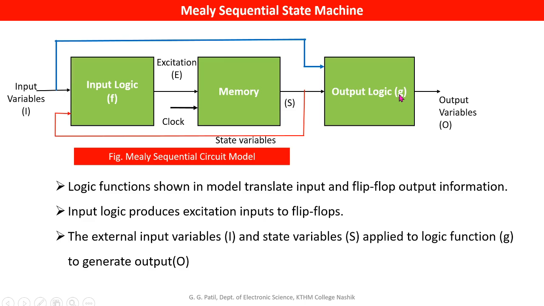So, in a Mealy sequential state machine, there are three blocks: input logic block, memory block, and output logic block. The input logic block has two inputs. One is the input variables I, and another input is the state variables S. The input logic block generates the excitation output E for memory.